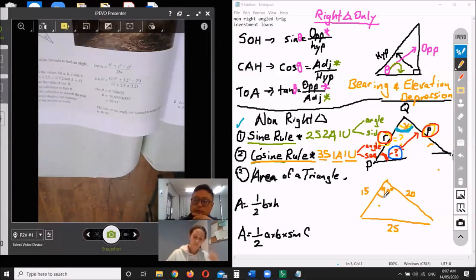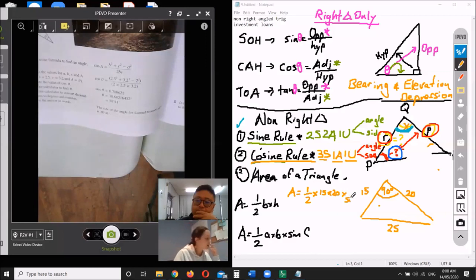Okay. Can you find the area of this triangle? Do you want me to put it in my calculator and say it out loud? Yeah, tell me out loud, and then we'll put it in our calculator and check. Okay, so it'll be half times 15 times 20, and then times sine.